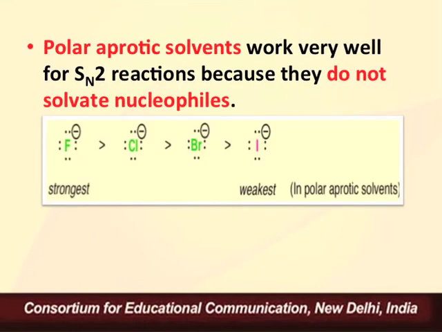Polar aprotic solvents therefore work very well for SN2 reactions because they do not solvate nucleophiles, and fluoride anion is the most nucleophilic ion, followed by chloride, bromide and iodide in aprotic polar solvents.